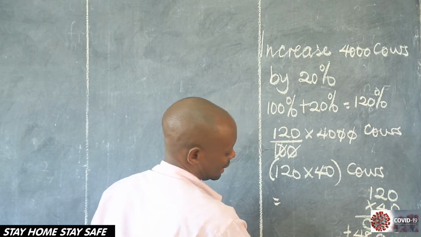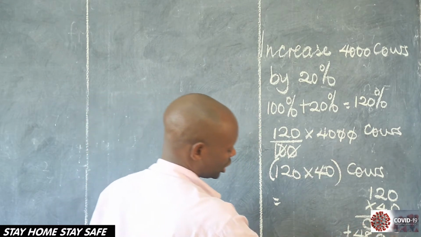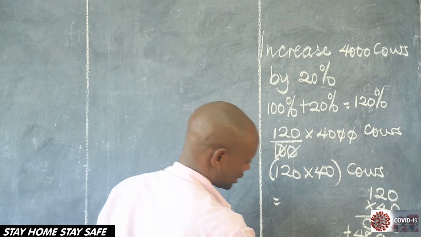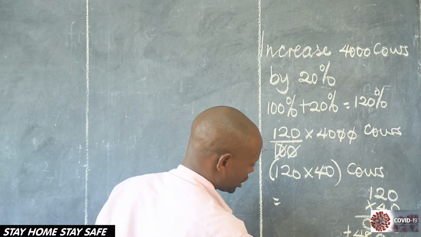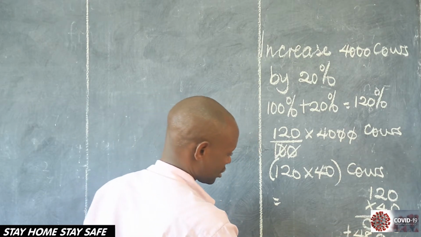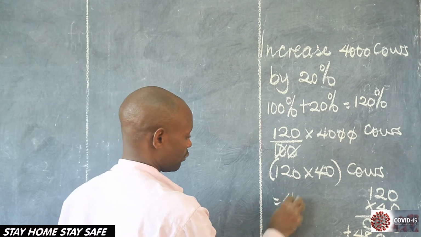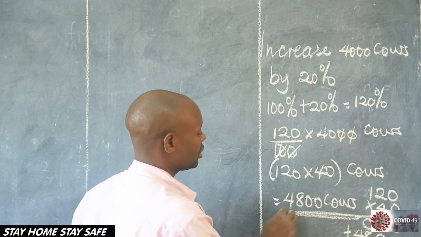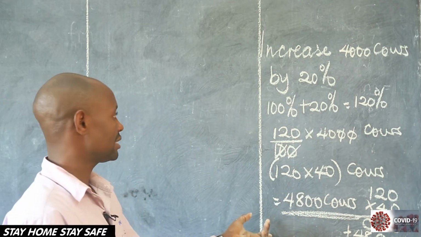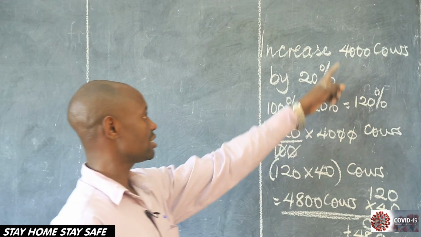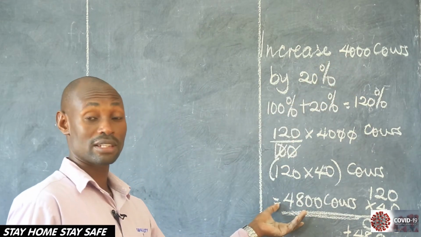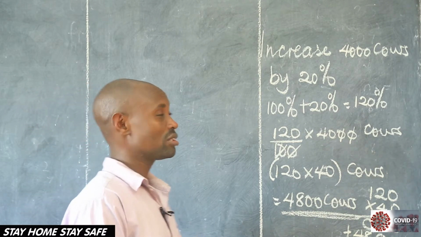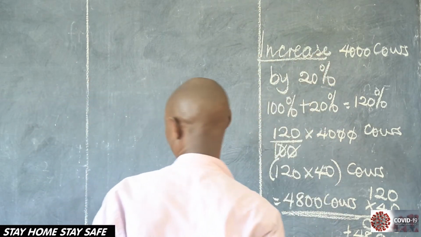Then finally we add. 0 plus 0, you get a 0. 0 plus 0, you get a 0. 0 plus 8, you get 8. 4 plus nothing, you get 4. So you will get 4,800 cows. And when you look at this, you would realize that the number has increased from 4,000 to 4,800 cows. So today we are going to look at the opposite of increase.